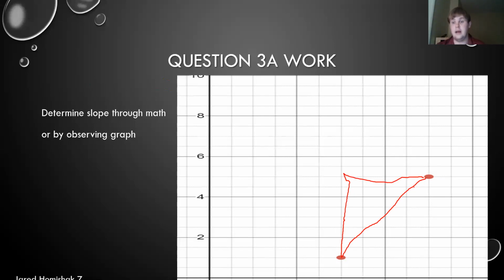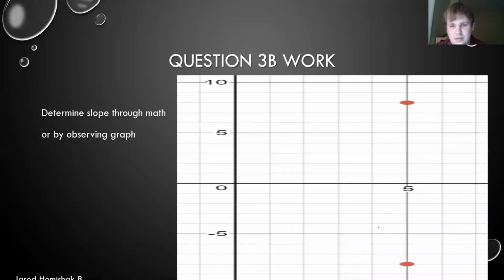Just start off by putting your points on the graph, and then you just eyeball where they're at, and you'll find out the slope it's going. Once again, 3b. This time, it's not really sloped at all, as both coordinates share the same x-axis.